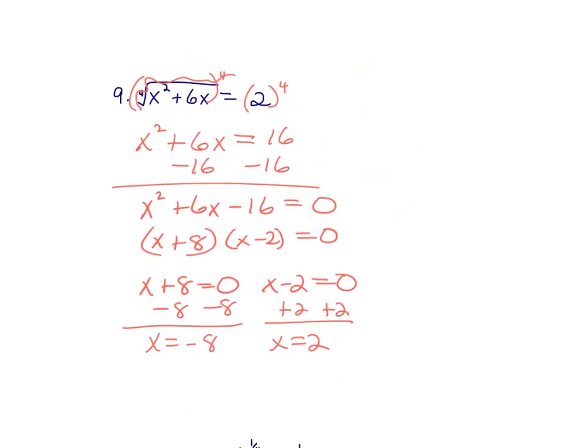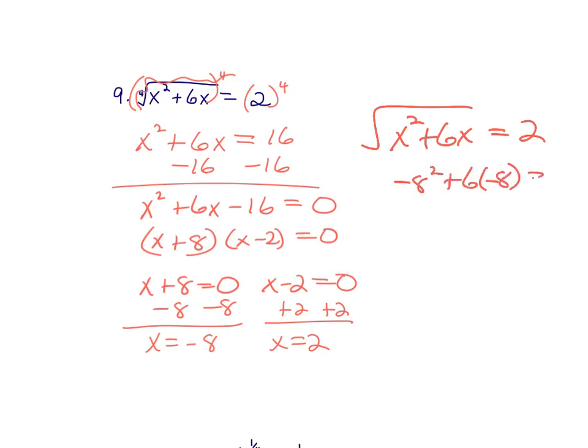So x squared plus 6x equals 2. When I plug in negative 8 squared, 6 times negative 8, I get 64 minus 48, and this is a 4th root. So I get 16.